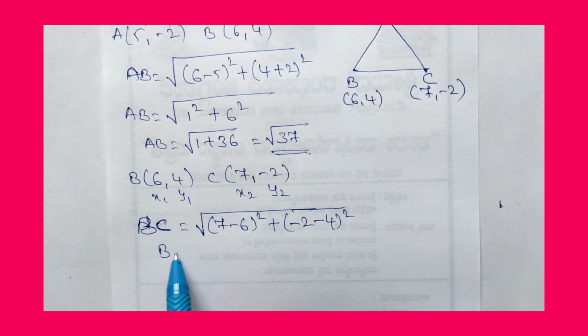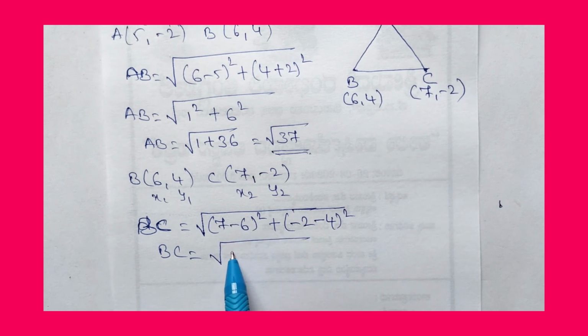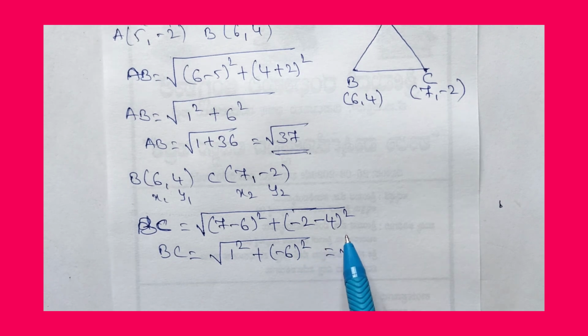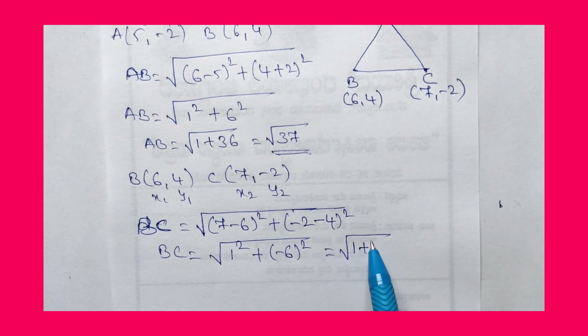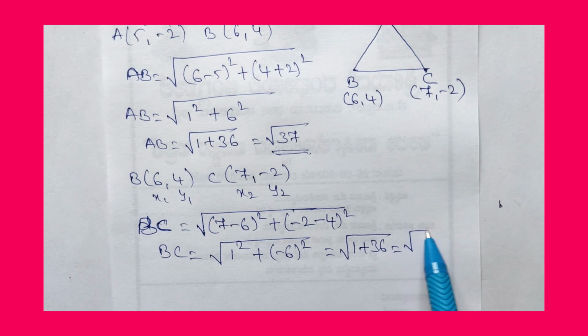So BC is equal to square root of 1 squared plus (-6) whole square, which is 1 plus 36, which is equal to square root of 37.